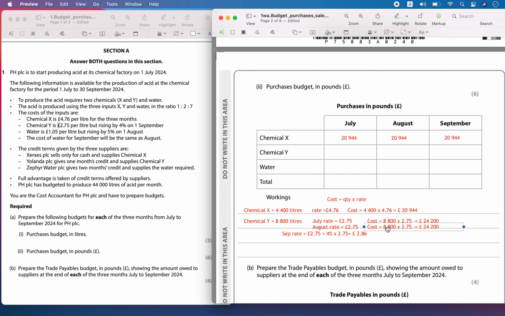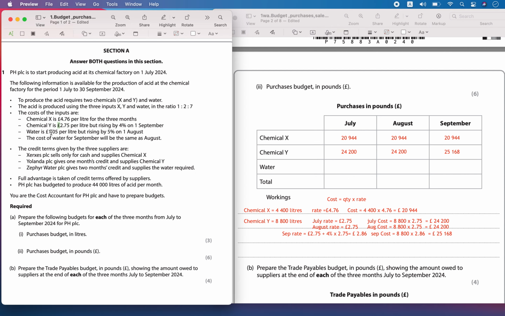8,800 liters only is required, but it is going to become 2.86 pounds now. So the cost will be equal to 25,168.